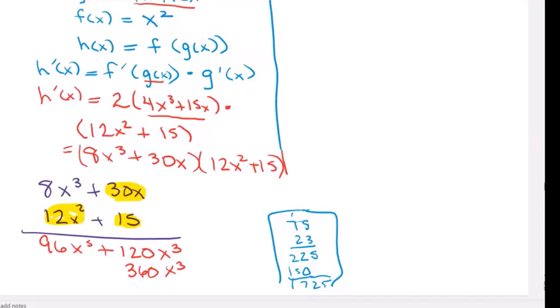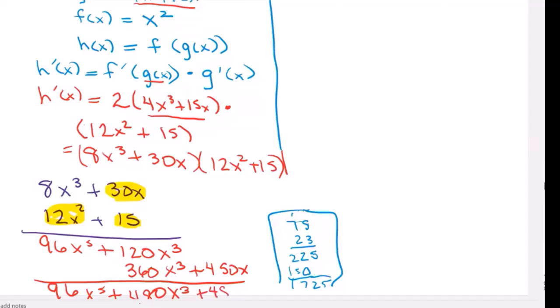And then I multiply 30x times 15, and I get plus 450x. So I can add down. I get 96 x to the 5th plus 480 x to the 3rd plus 450 x. And you can FOIL it if you'd rather.